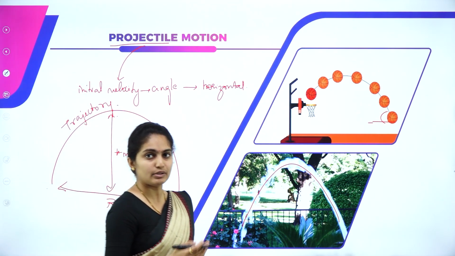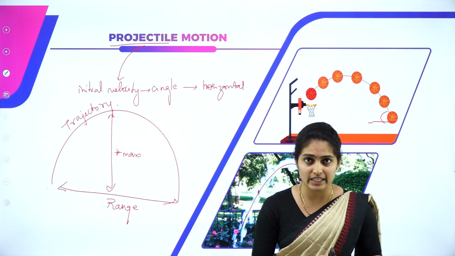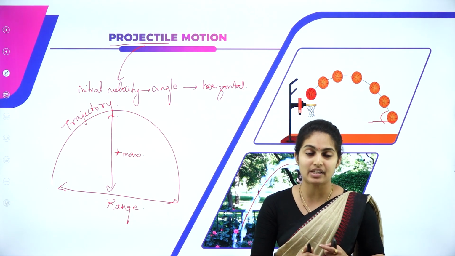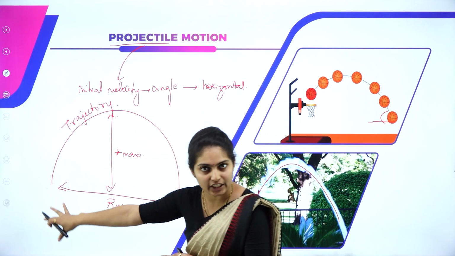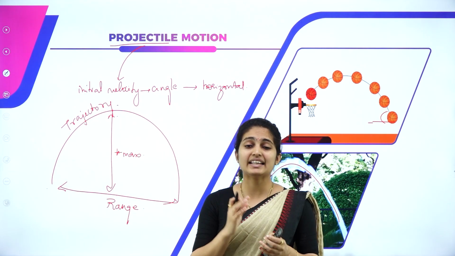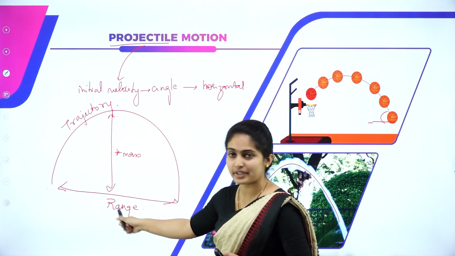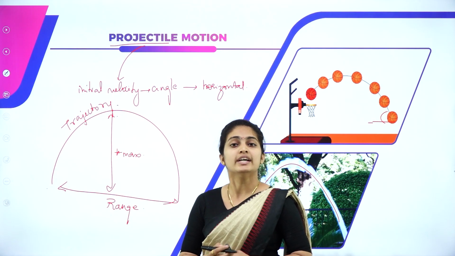So I hope you're clear with projectile motion. We need to calculate its maximum height, the time taken by an object to fall from initial to final distance, and the displacement, that is the range. Whatever displacement you can see here, that range we are supposed to calculate.